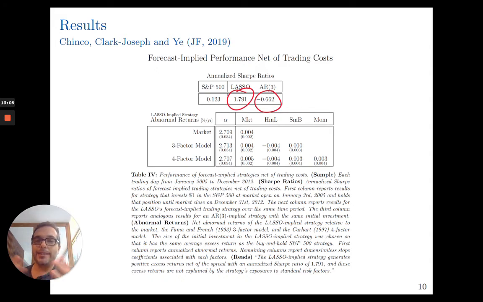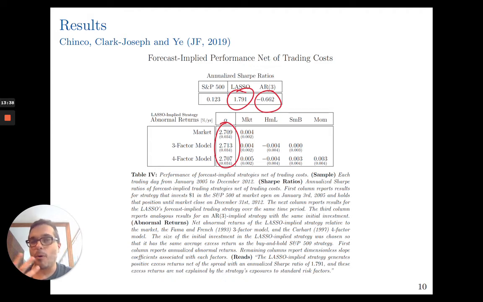And if we take the Lasso implied strategy and look at how these returns are related to other factors, you see that we have positive alphas, meaning that we have non-trivial gains, and the explanation by the market is barely significant here.